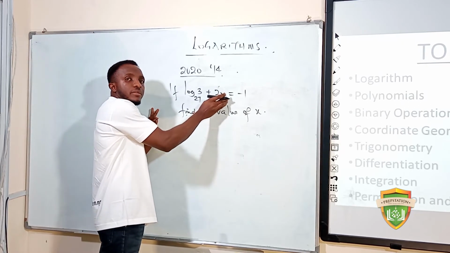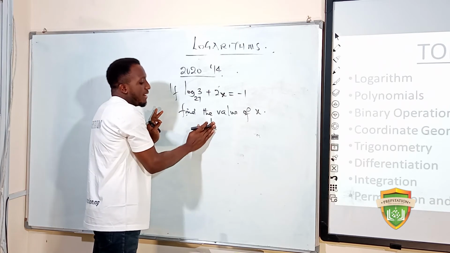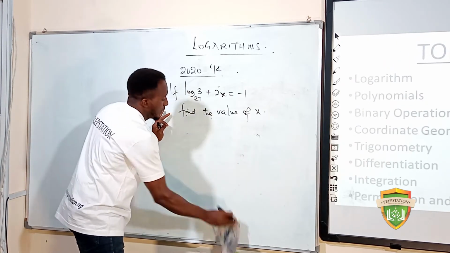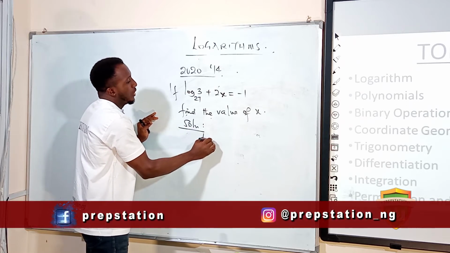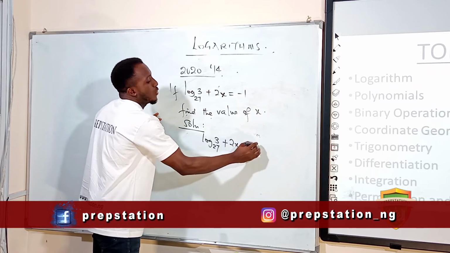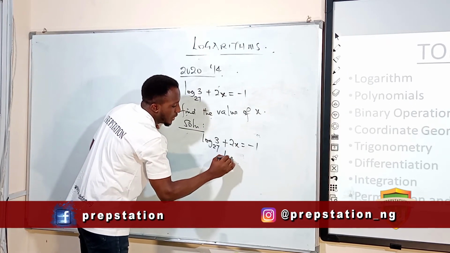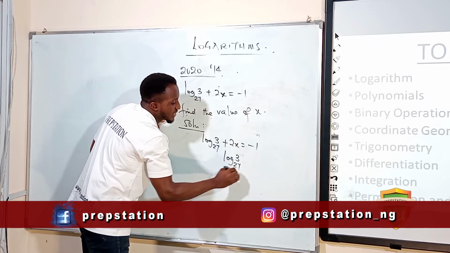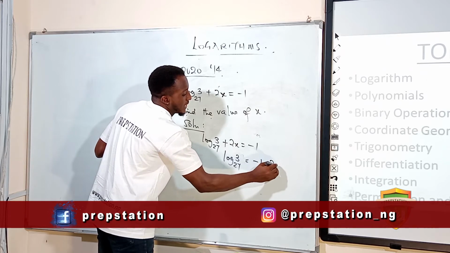We move this 2x over to the other side. So we have the solution. Log 3 to base 27 plus 2x equals to -1. If we move this over here, we have log 3 to base 27 on the left-hand side equals to -1 minus 2x.